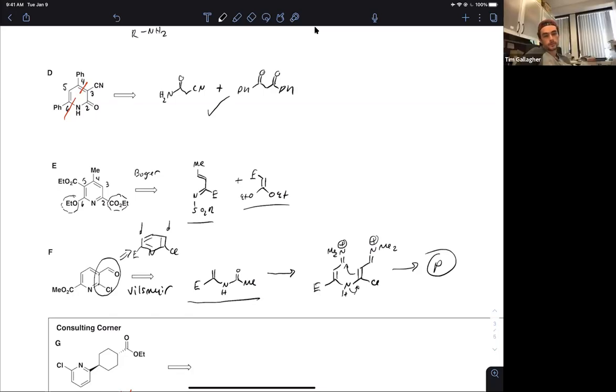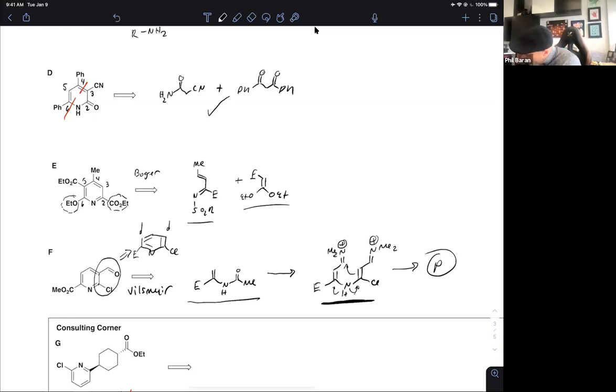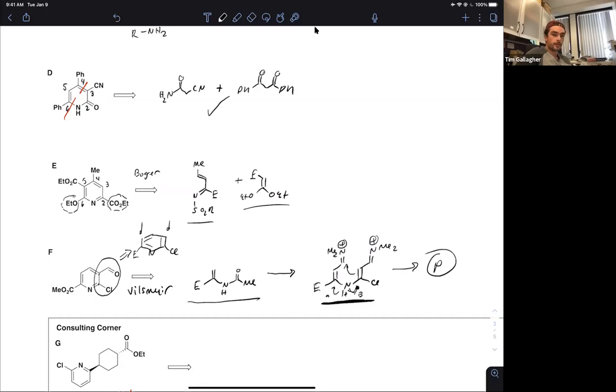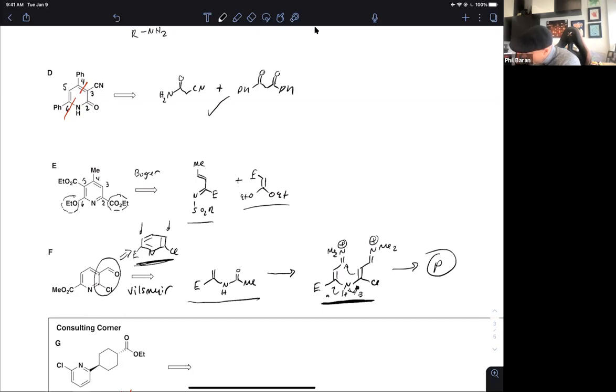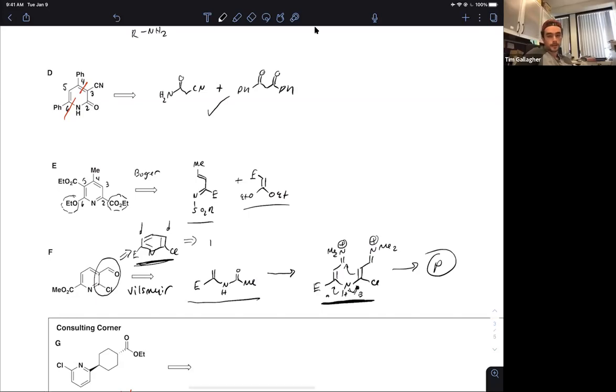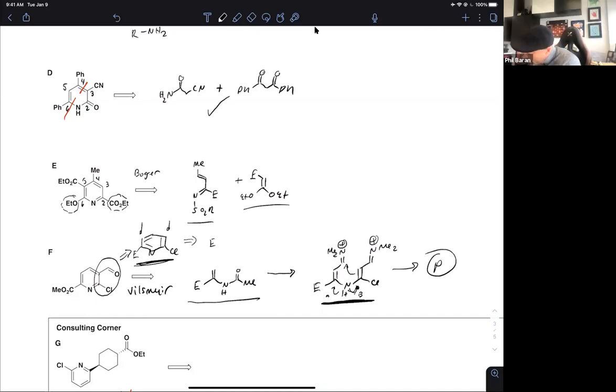Yeah, but if we did the intermediate that you drew, above that first retrosynthetic arrow. Oh, here. You mean, could you use this strategy to make it using Vilsmeier? I just remember that you had said that pyridines are pi excessive and you need pi excessive systems for Vilsmeier. Oh, yeah. If you wanted to do formylation on this with Vilsmeier, you couldn't.